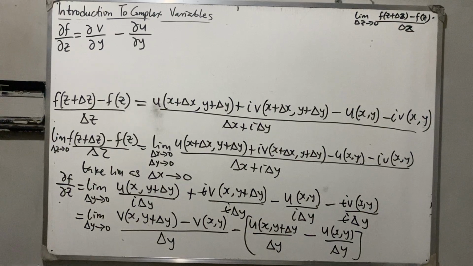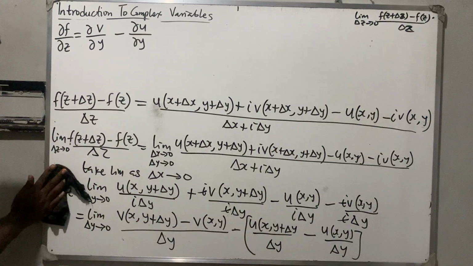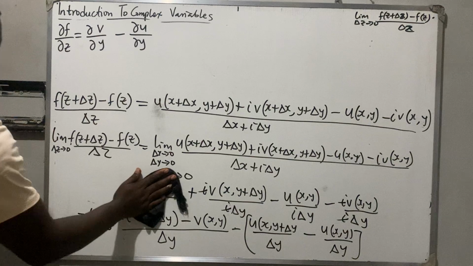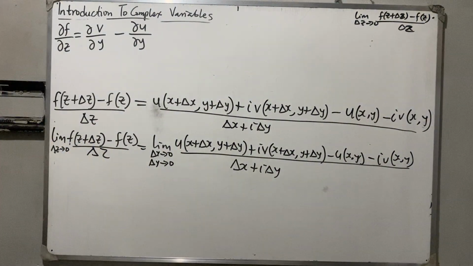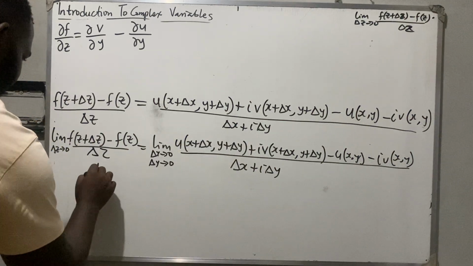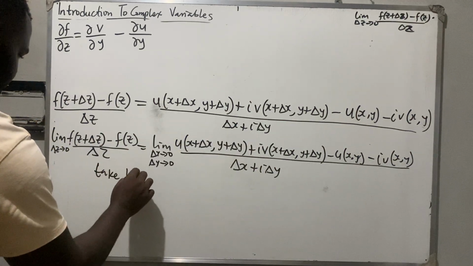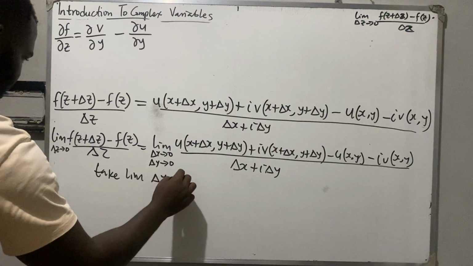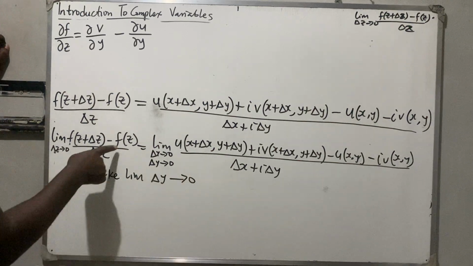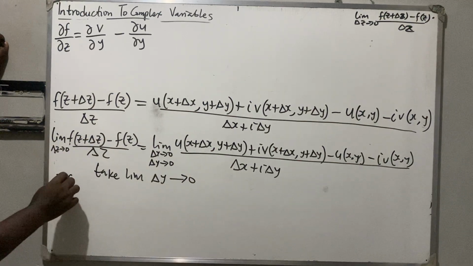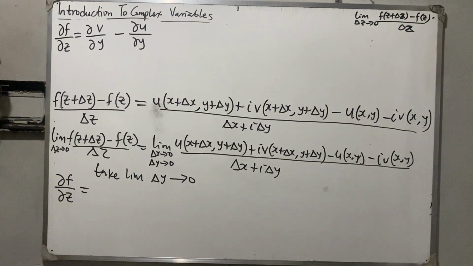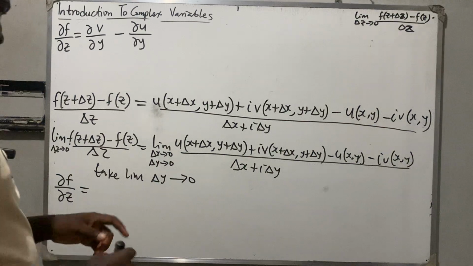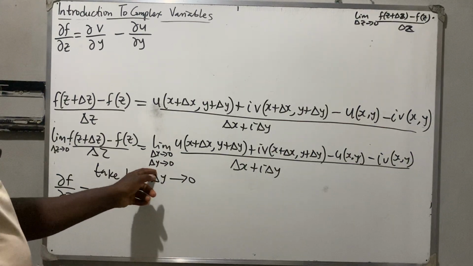So now let me clean here and then take the limit as delta y tends to 0. The next limit I'm taking from here again is the limit as delta y tends to 0. That means here will give me partial f over partial z is equal to, so anywhere we see delta y, we'll put 0.